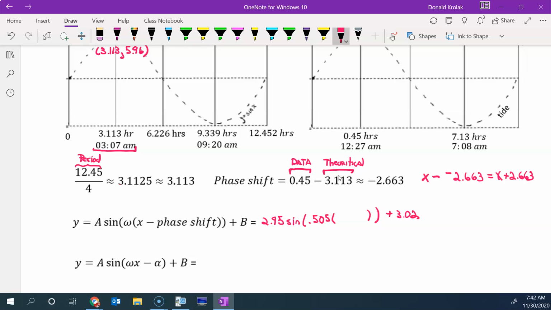Remember Bizarro World? This actually meant slide left. That's really 0.663 left. Yep. So all you gotta do is drop that right here: x plus 0.663.